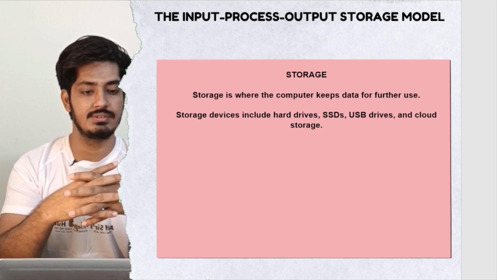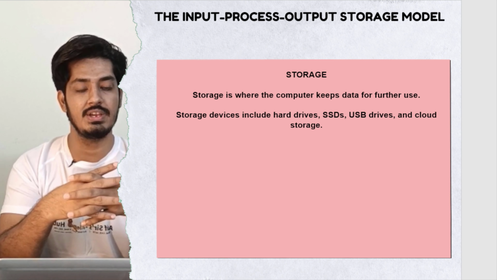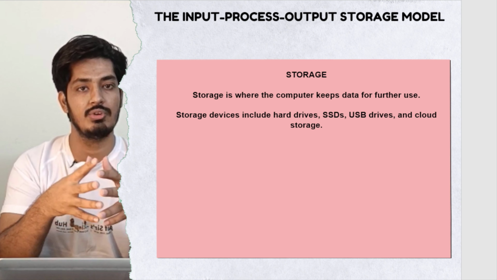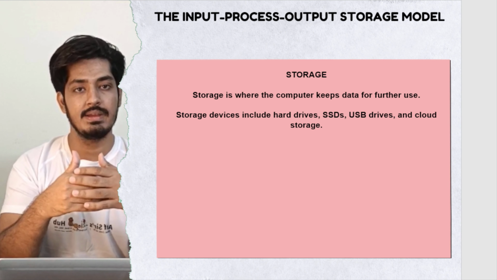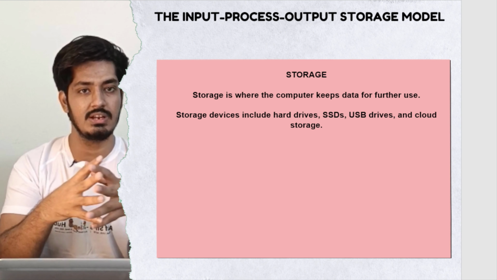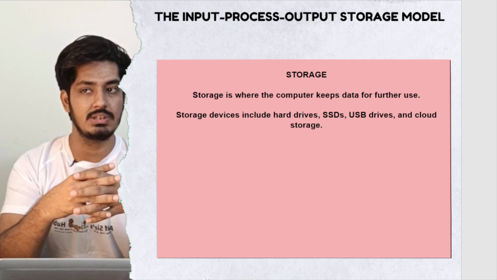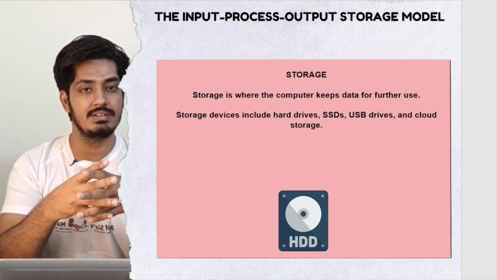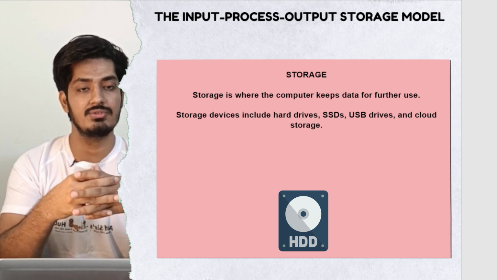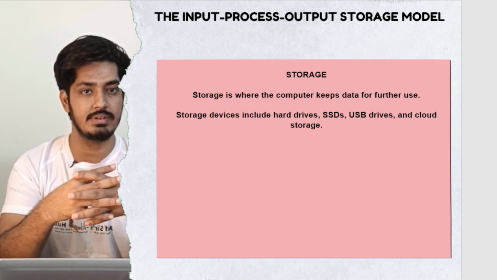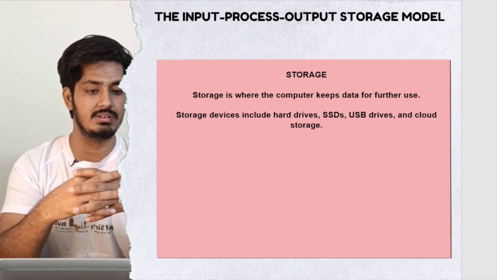And then storage. Storage is where the computer keeps data for future use. When you want to use the data later, the storage device will be used. There are lots of storage devices available for permanent storage, like the hard disk drive, USB, cloud storage and SSD drive, where we can store data permanently.